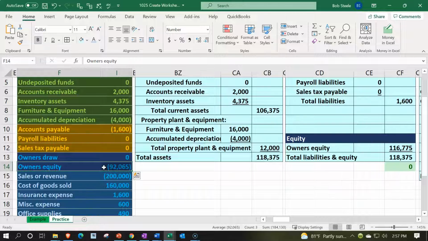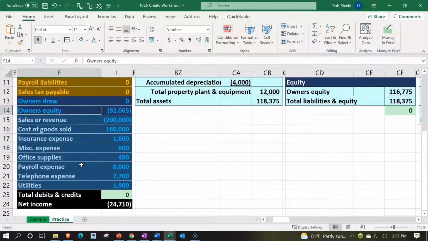Oftentimes, if I, the owner, put money into the company, it will go directly into the equity account or capital account. In a corporation, that would usually be the issuance of more stock, common stock, and the recording of that issuance of the common stock would be a similar scenario where you've got owners, shareholders putting money into the company. Okay, so that's going to be the general idea.